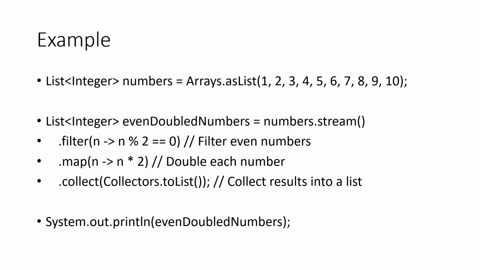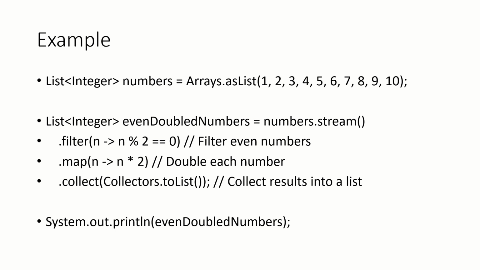Now let me give you one example of the stream API. Here you can see we have the list of integers 1 to 10. How can you convert that list into the stream? Through the stream method, right? You can call the stream method on this list and it will be converted into the stream. Now you have to apply the intermediate operations. First we apply the filter, which filters out the even numbers from this stream.